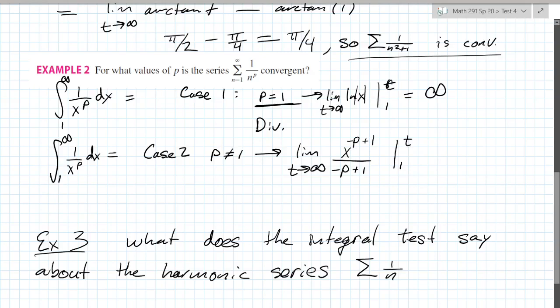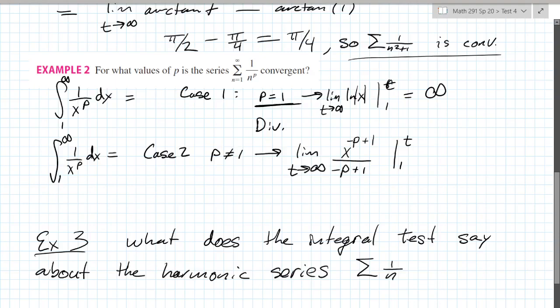It seems like we've done this problem before. What kind of values for p will make this limit a number and not divergent?